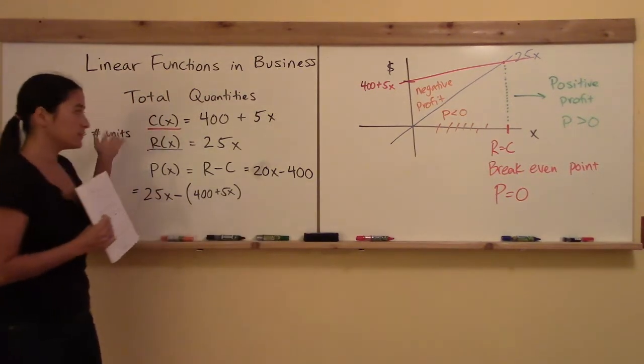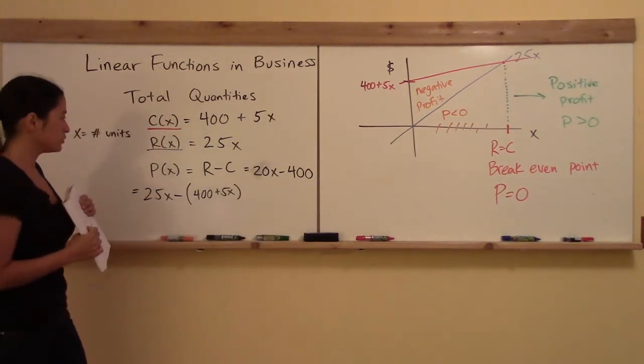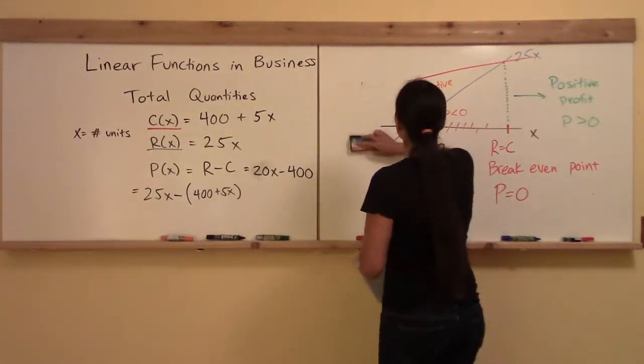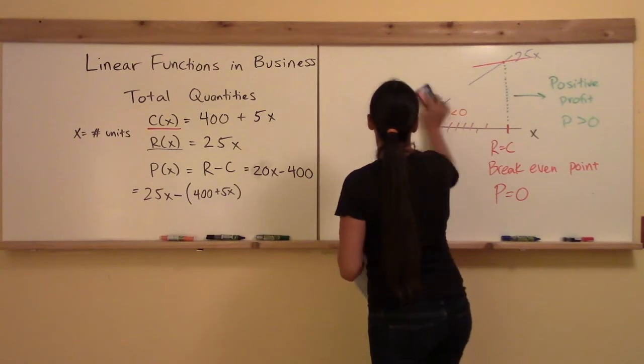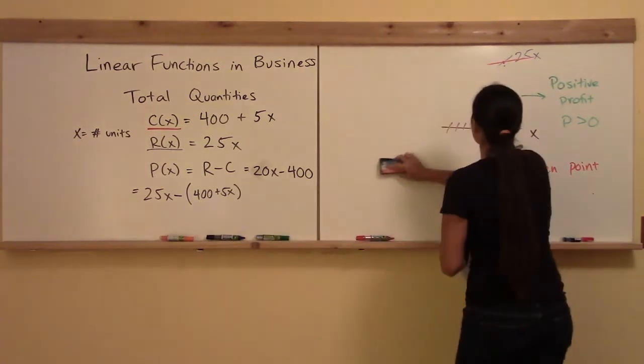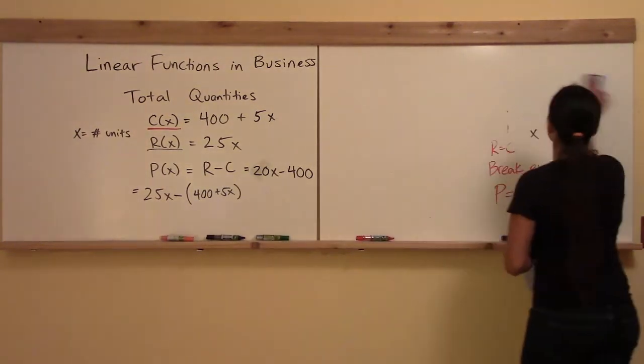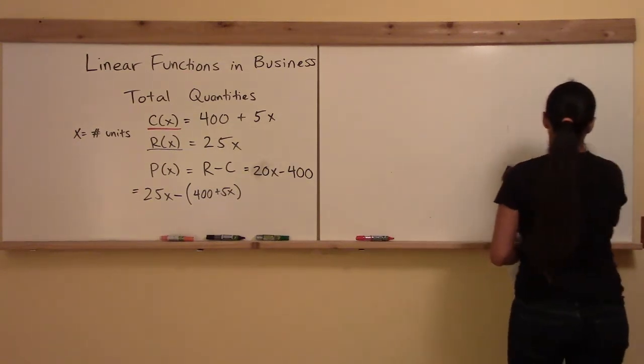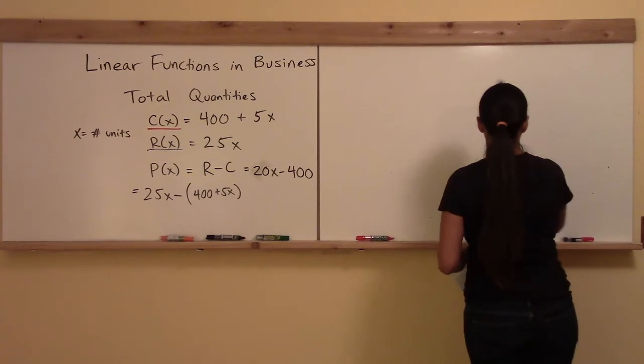Okay, so linear functions are very applicable to the total quantities that businesses are familiar with, but another very good place to use linear functions in business is when we're trying to set the price. You can see that the revenue function over there is found by multiplying the price times the quantity.